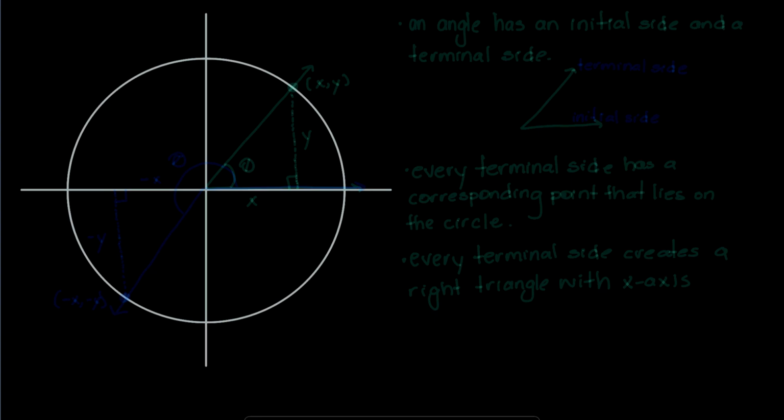Okay, let's cover a few terms before we get into the details of the unit circle. So the first term we're going to cover is an angle. An angle has an initial side and a terminal side.